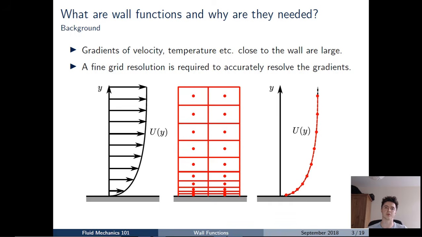And in a second order finite volume CFD code, the variation across the cells is linear. As a result, if we want to capture those steep gradients close to the wall, then we have to use a large number of cells, and the cells get thinner and thinner as we approach the wall if we want to accurately resolve those gradients.